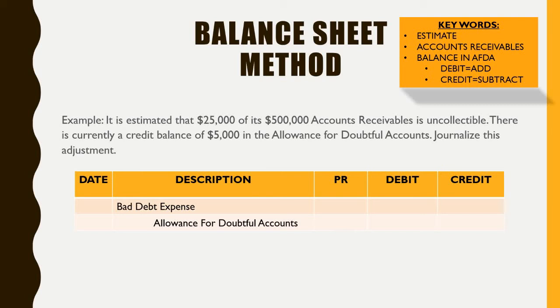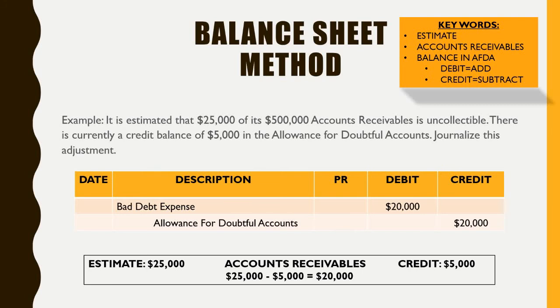Good. All right. We see that right here, it's out of the $500,000 of accounts receivable. So right there, we recognize that does appear on the balance sheet. So if we have currently a credit balance of $5,000, then we're going to take 5,000 away from that. Good. That'll be 20. Good.